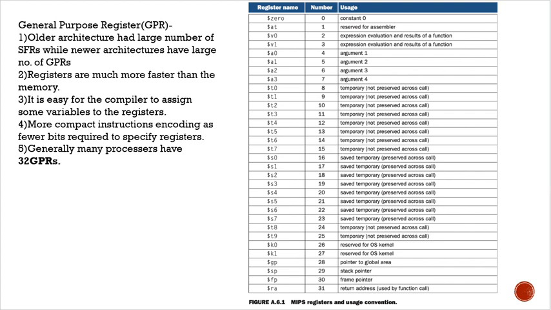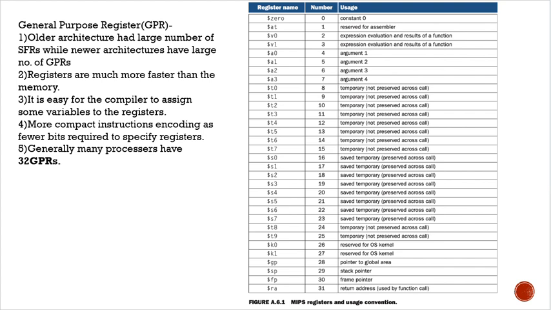Now let us understand about the general purpose registers present in the MIPS 32. Older architectures used to have more number of SFRs and smaller numbers of GPRs, but now newer architectures have large number of GPRs because registers are much faster than the memory, and it is easy for the compiler to assign some variables to registers, and more compact instructions can also be encoded as fewer bits are required to specify the registers.